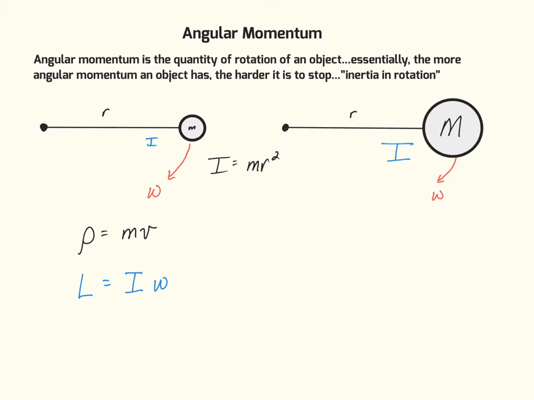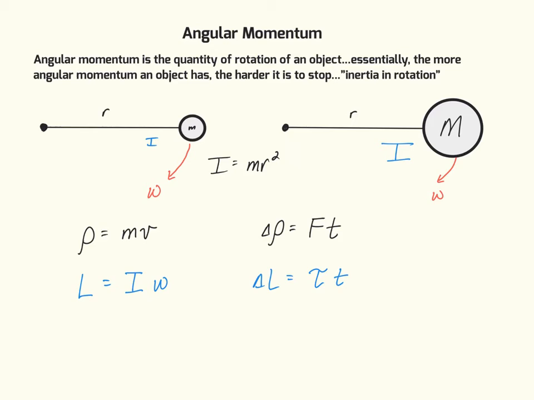Now, similarly, when we were studying linear momentum, we had impulse or change in momentum was equal to force times time. Well, in rotational motion, we have a change in angular momentum is equal to torque times time.